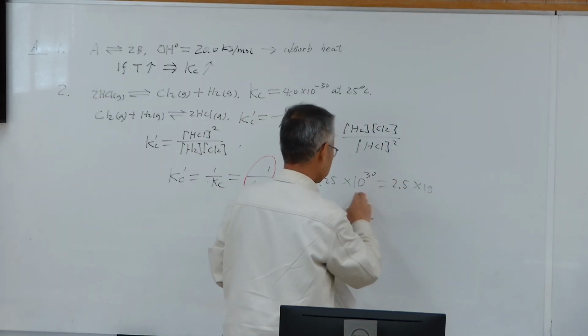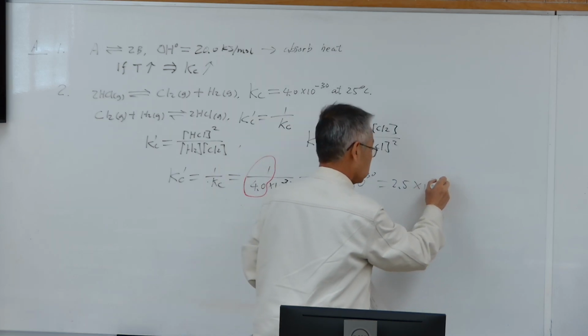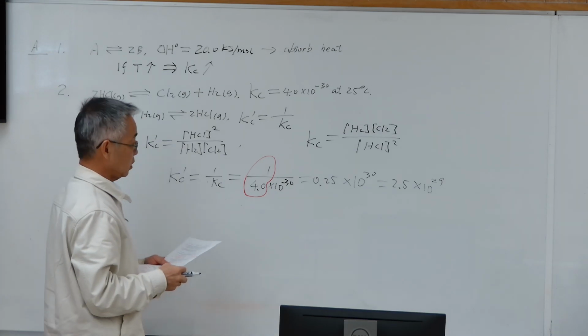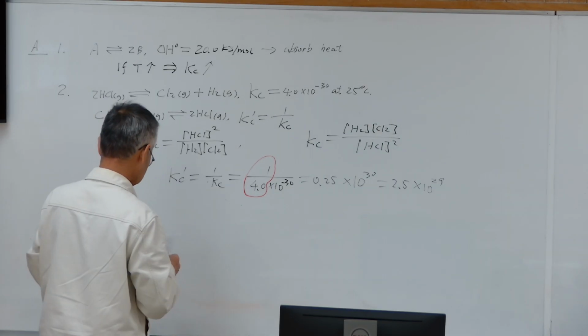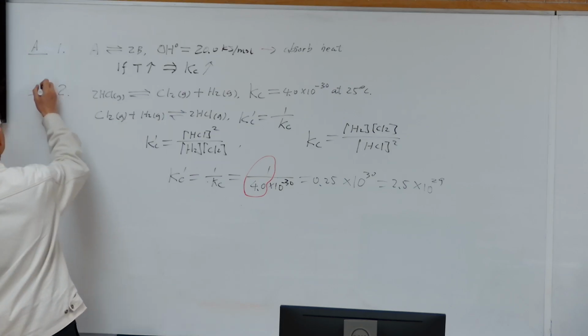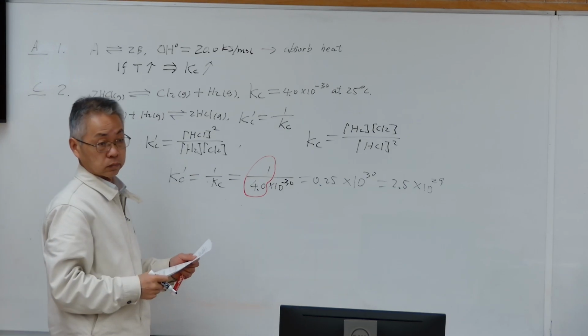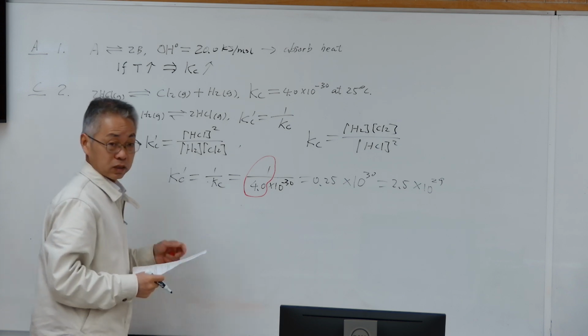Since we moved 1 decimal place, we need to decrease the exponent by 1, so 10 to the 29. So your choice will be C, 2.5 times 10 to the 29th power. Okay, this is pretty simple, right?